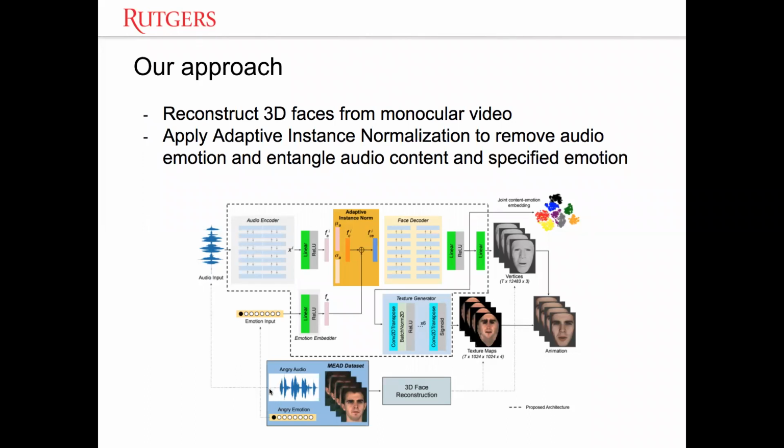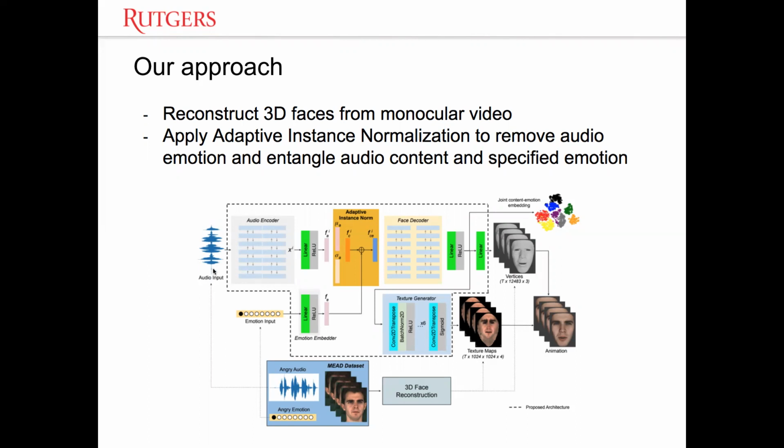From the audio and the labels, we use them as input to train our entire model. We would like the entire model to output vertices and textures such that the vertex movements, the lower face movements, match the content of the audio input, while the expressions, mostly the expressions here, and the textures match the emotion input, the specified emotion.